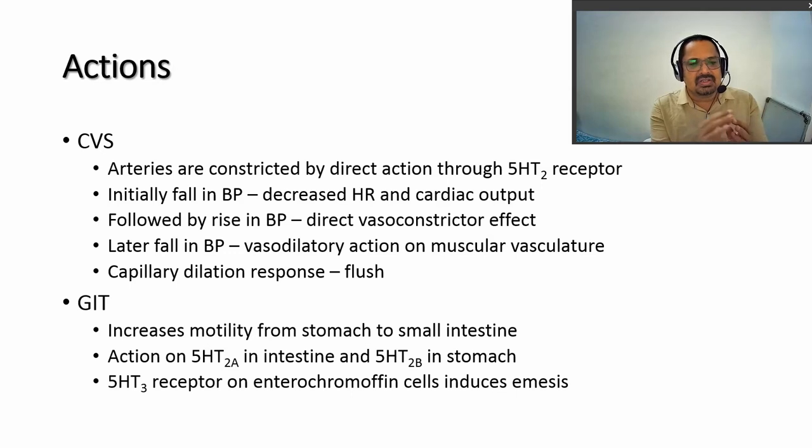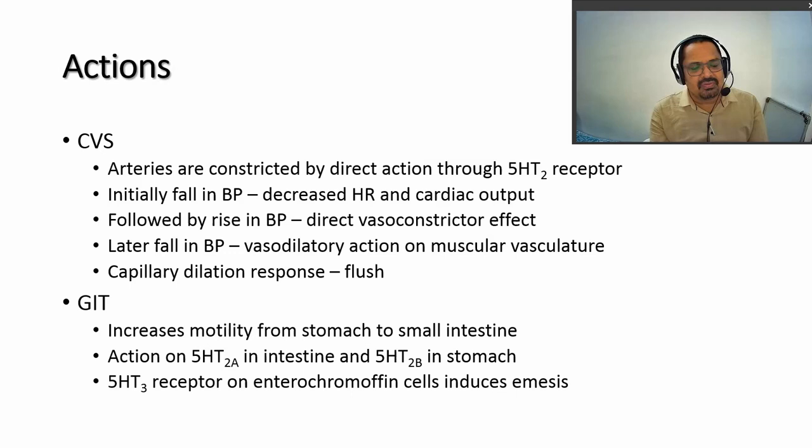If it is secreted in the arterial region, it will lead to a rise in blood pressure. If it is near the muscular vasculature of the capillary bed, it will lead to a fall in blood pressure. So it causes variation in the various types of responses as far as the cardiovascular system is concerned.